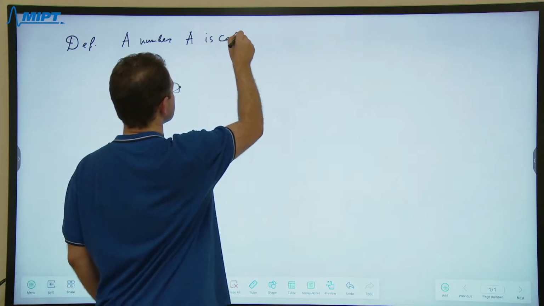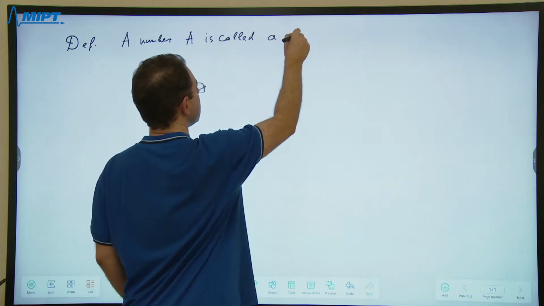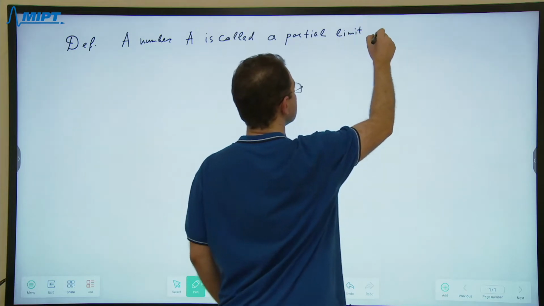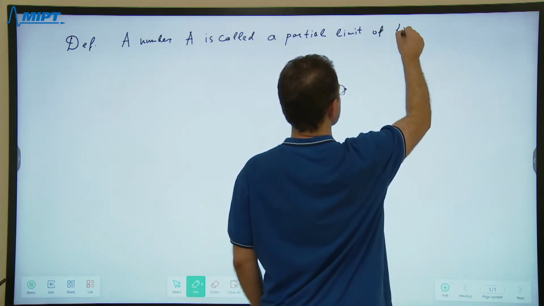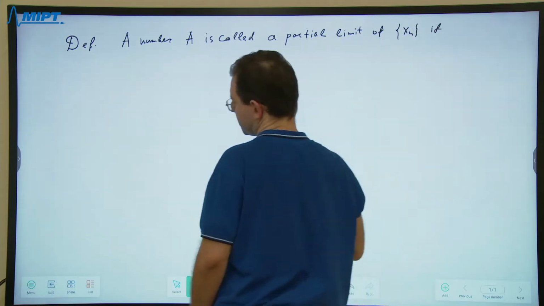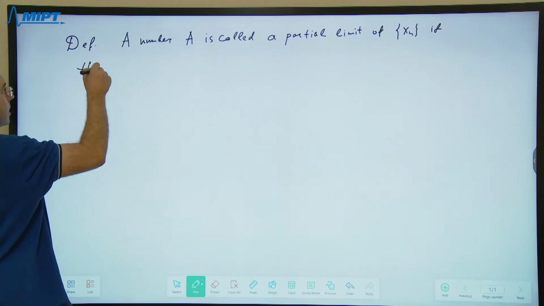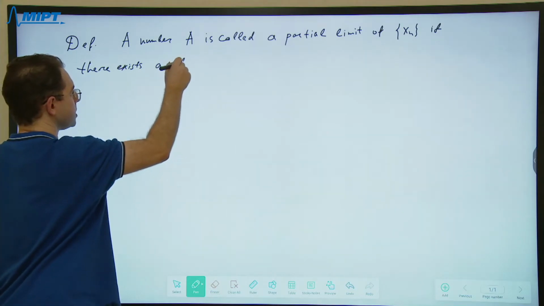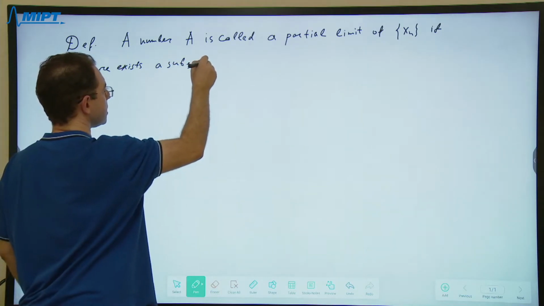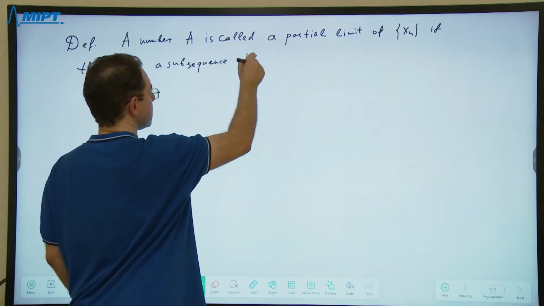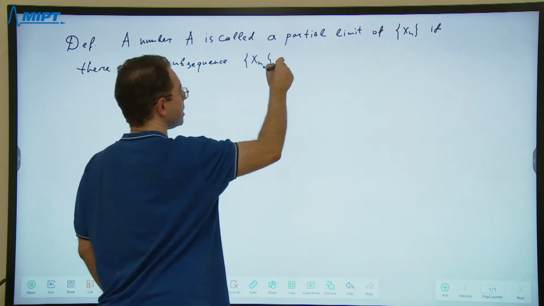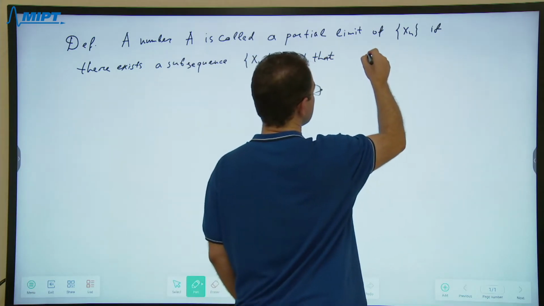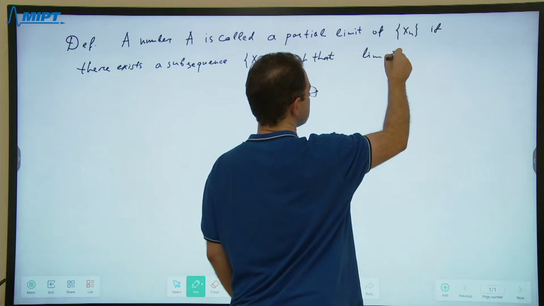A number a is called a partial limit of a sequence xn if there exists a subsequence x_{n_k} such that the limit of x_{n_k} equals a.